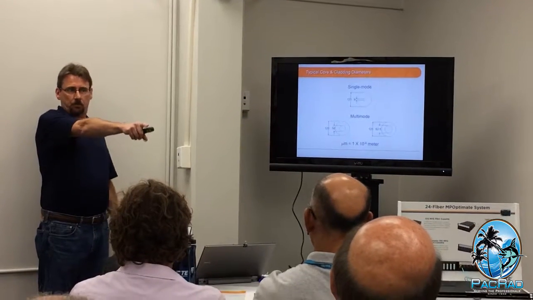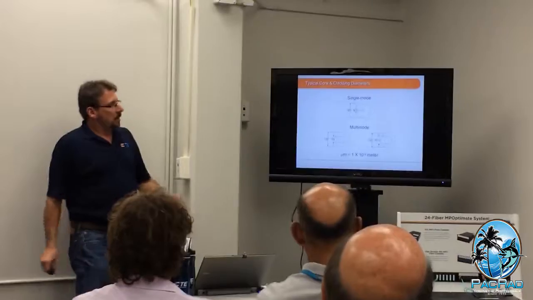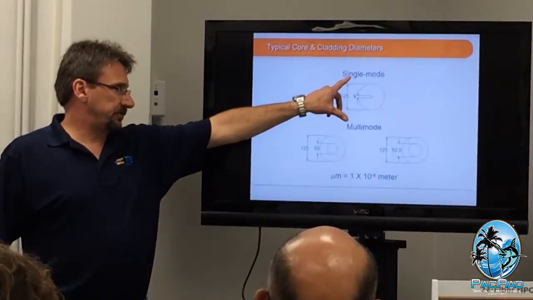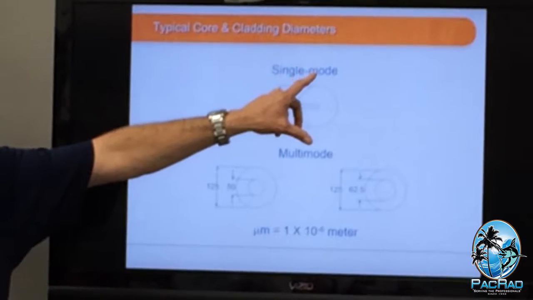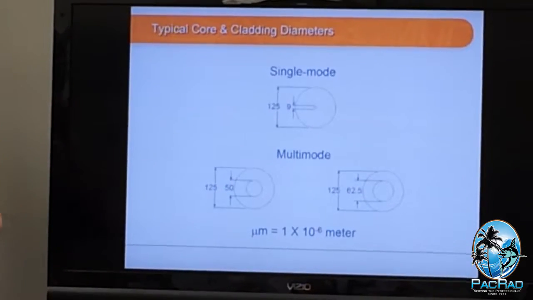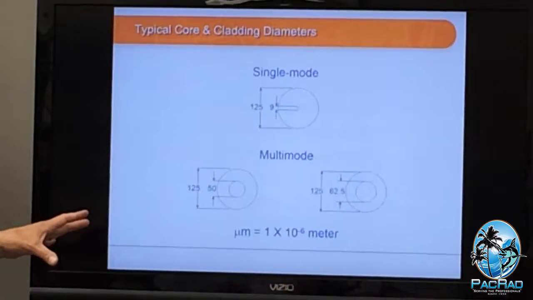Okay, so here was one of your questions. What's the difference between single mode and multi-mode? Obviously, the prefixes are pretty straightforward. Single, one; multi, more than one. When we talk about mode, what we're talking about is a path for light to travel through the fiber. And I've got another slide that shows this better.